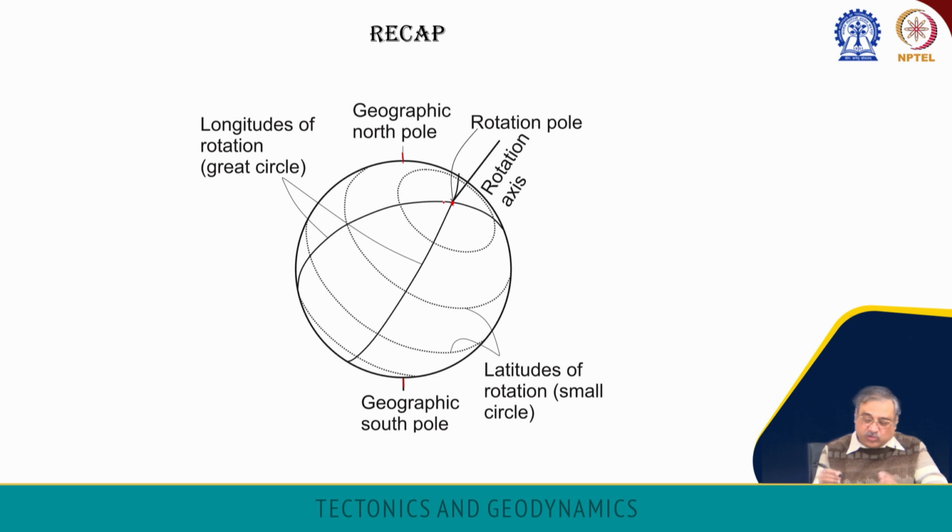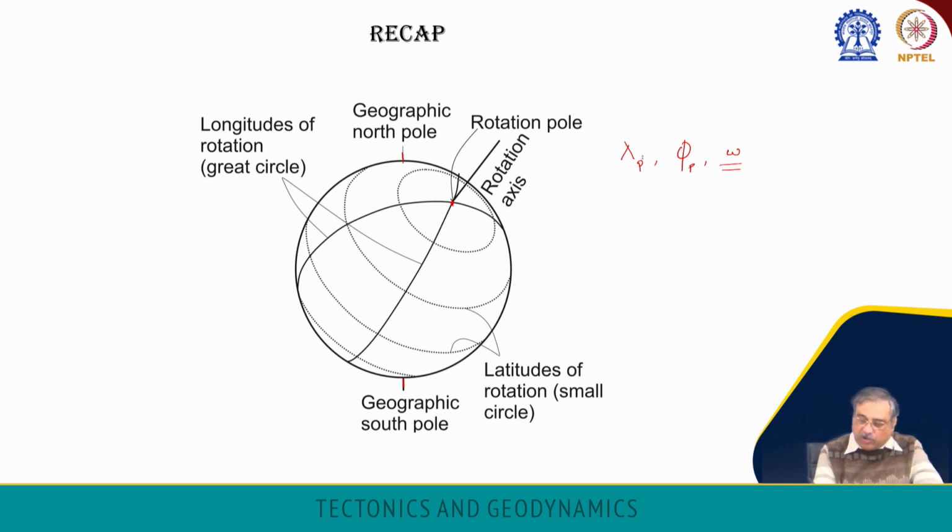To specify this, if you remember, we need to specify the latitude and the longitude of the Euler axis of rotation, and we also need to specify the magnitude of that rotation, which we depict by the angular velocity about this particular axis.